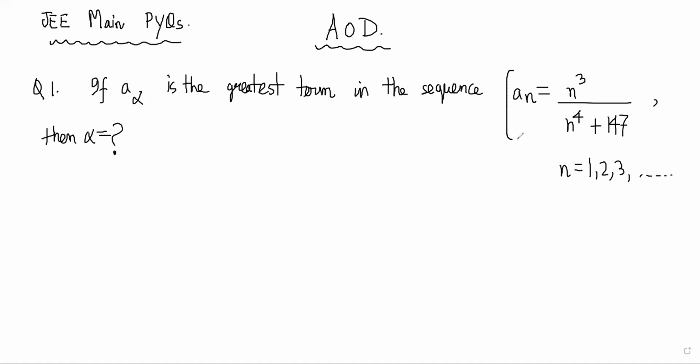Basically, you can write this sequence for n equal to 1, 2, 3, and so on. You'll get different terms. You have to find the greatest term of this sequence.